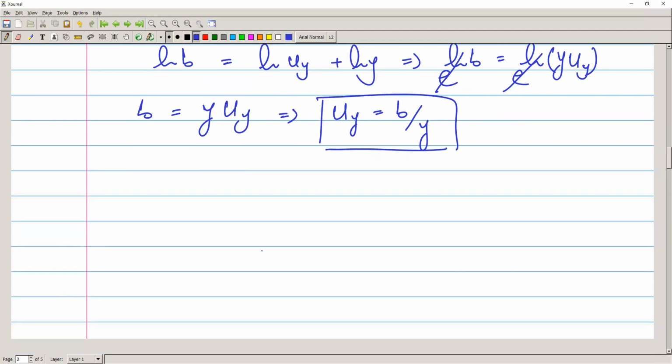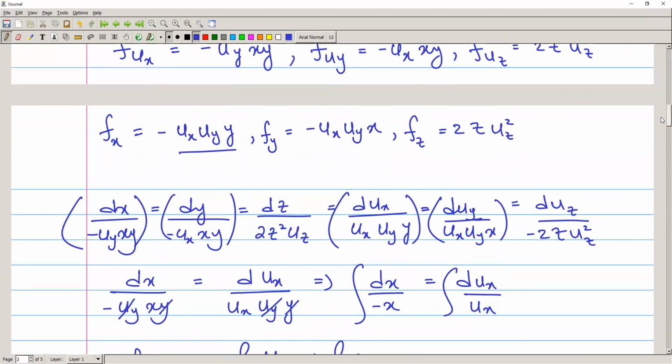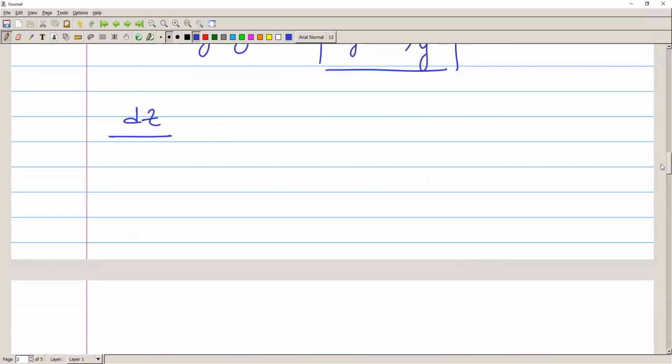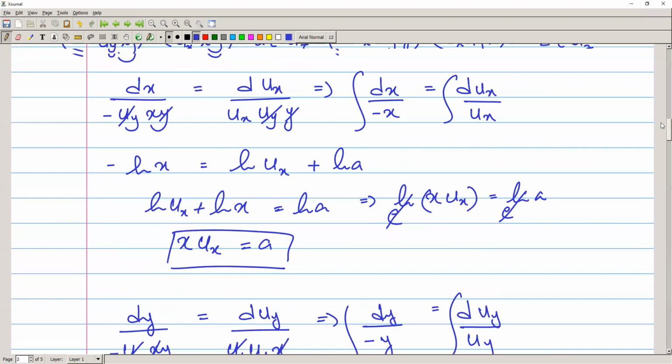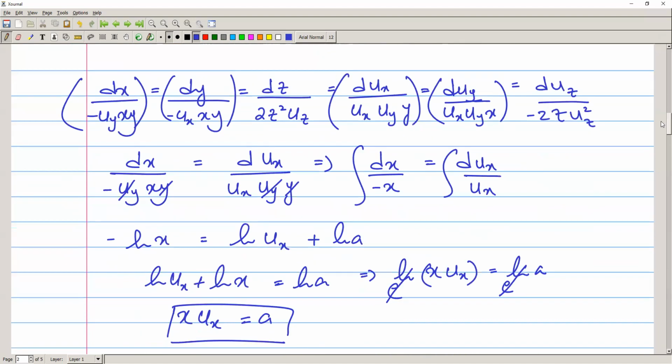We got ux, we got uy, now we'll work for uz. So we'll take the equation of dz and duz. So dz divided by 2z squared uz is equal to duz divided by negative 2z uz squared.